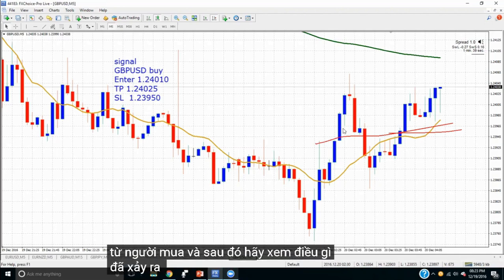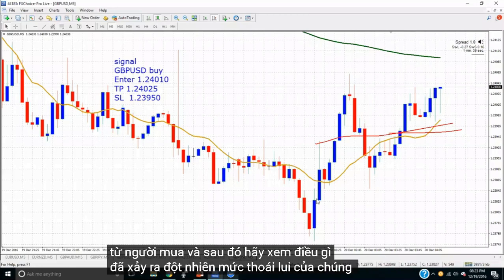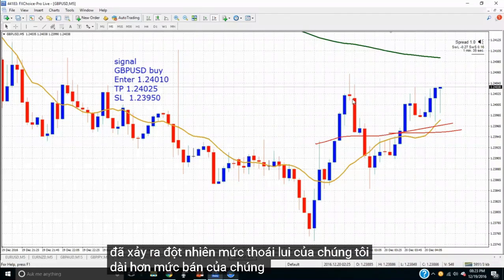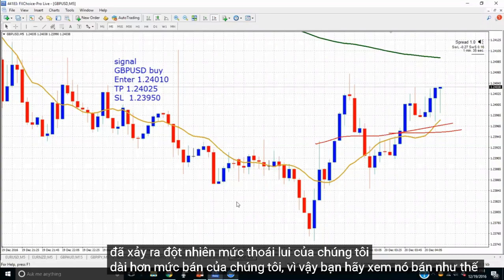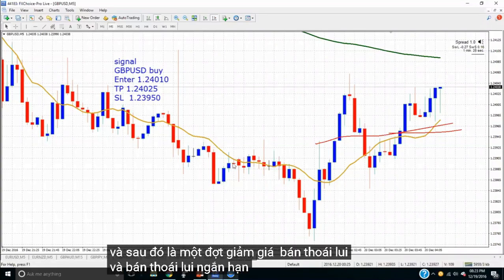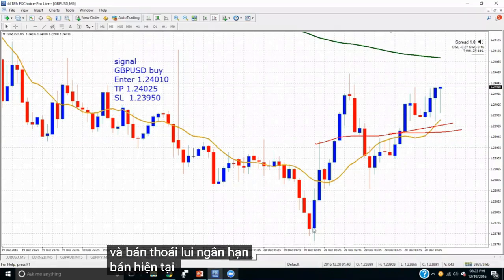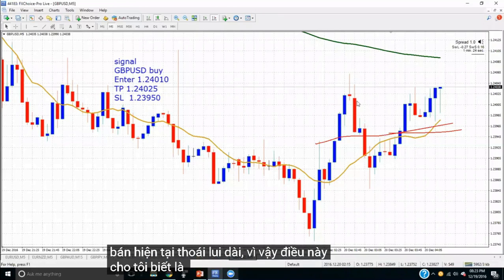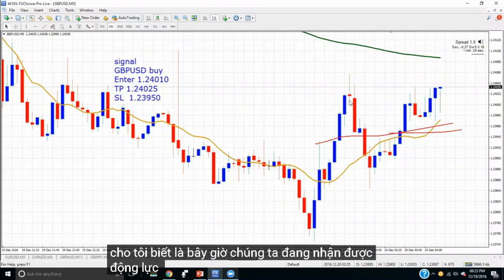And then look what happened. Now all of a sudden, our retrace is longer than our sell. You see how it's sell and a short retrace, sell and a short retrace, sideways, sell, now a long retrace. So what this tells me is that now we're getting buyer's momentum.